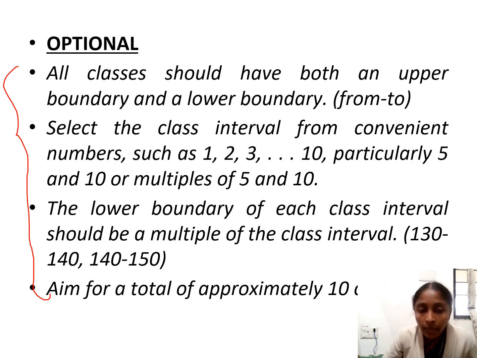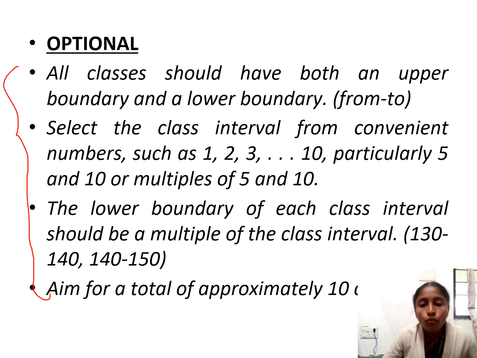It can also be like this: 130 is the lower boundary and 139 is the upper boundary, and the next 140 is the lower boundary and 149 is the upper boundary. Also the starting value can be 131, that is the lower boundary is 131 and the upper boundary is 140. Either option is correct. So it is not compulsory, and we can make it convenient.